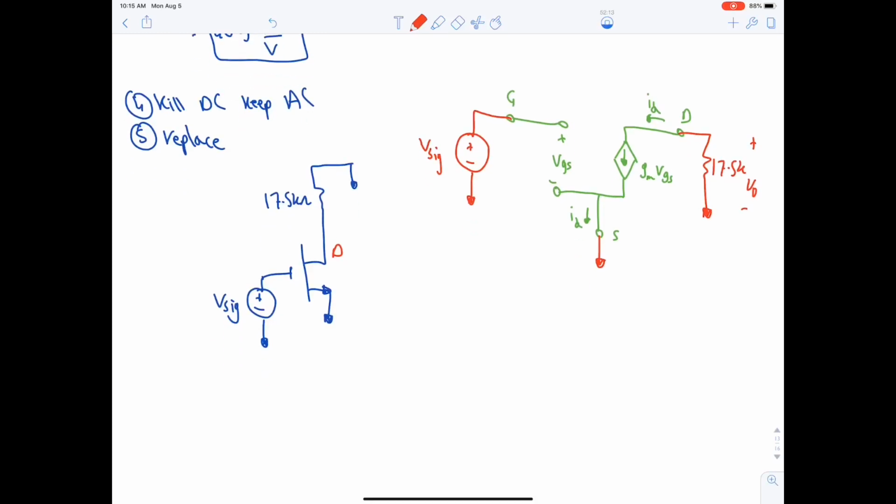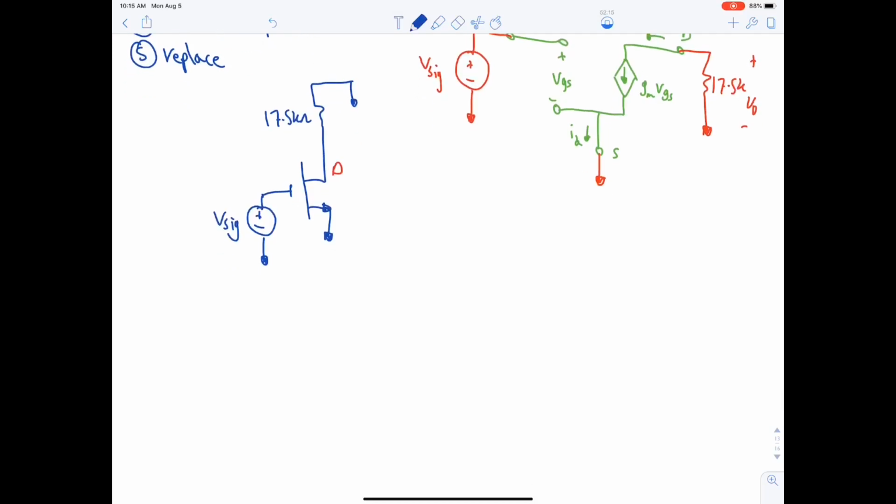So step number 6, find VO over V sig. Let's begin. VO is minus ID multiplied by 17.5K. ID is equal to gm VGS. VGS is equal to V sig.